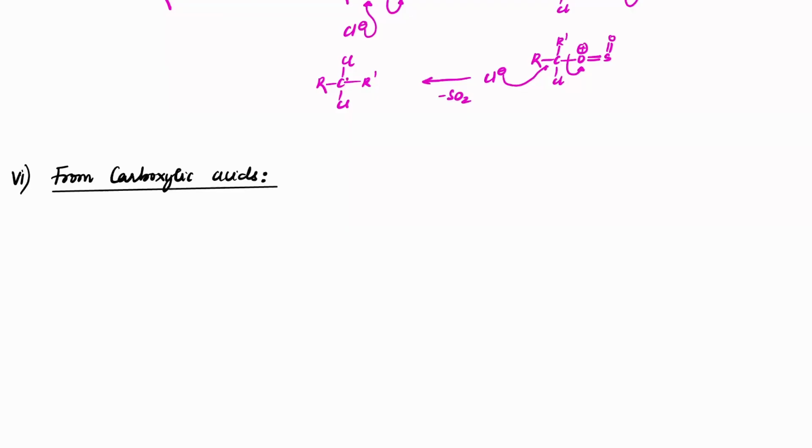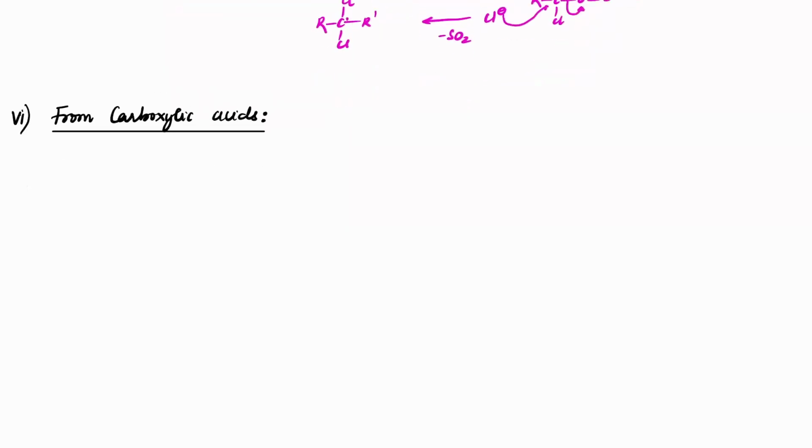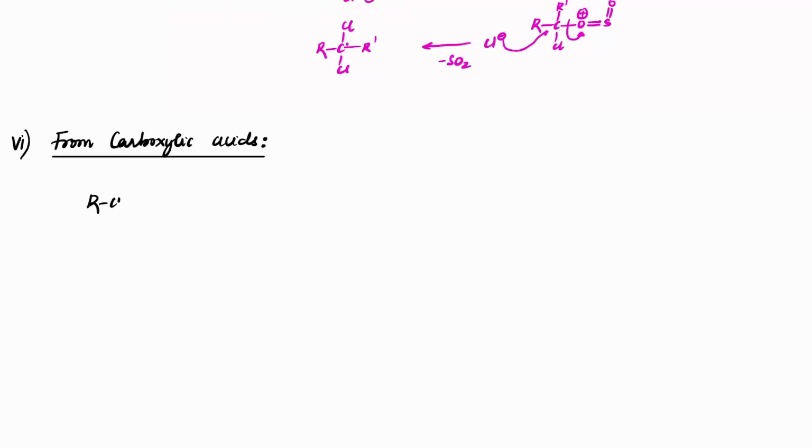From carboxylic acid, how do we get alkyl halide? Let's see that. Suppose you have RCOOH, and you treat it with AgNO3, it will start forming a silver salt of carboxylic acid, plus HNO3.